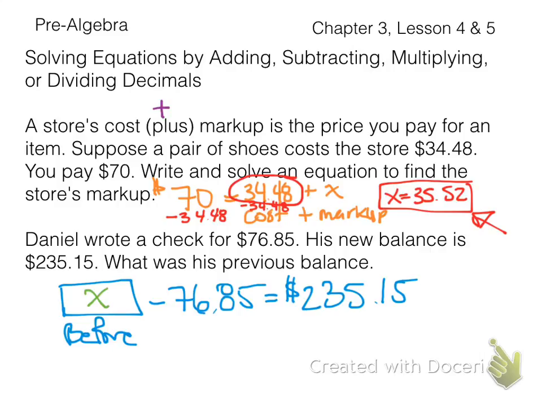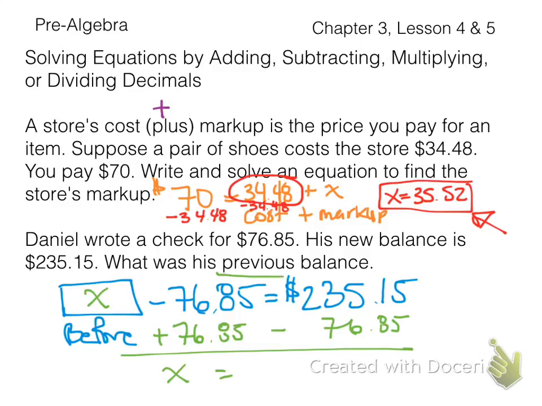So what's the opposite of subtracting? That would be adding, so we're going to add $76.85. The before, also known as his previous balance, is going to be 235.15 plus 76.85.